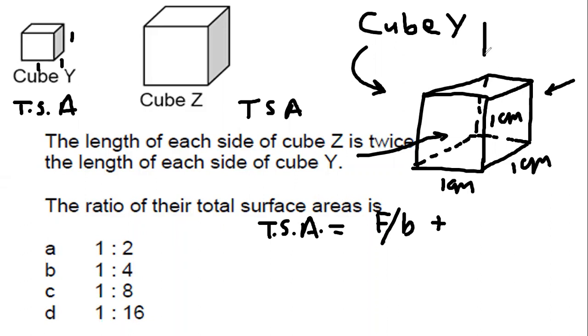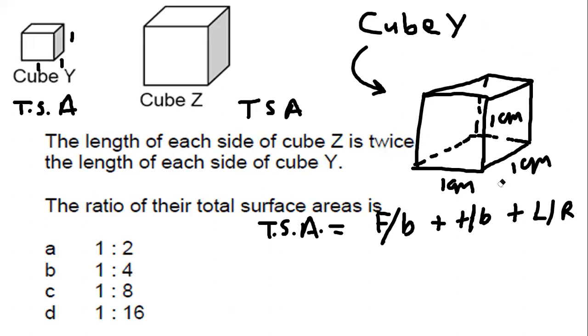And then we have the top of the cube, and the one at the bottom. And then we have the left part of the cube, which is equal to the right part of the cube.